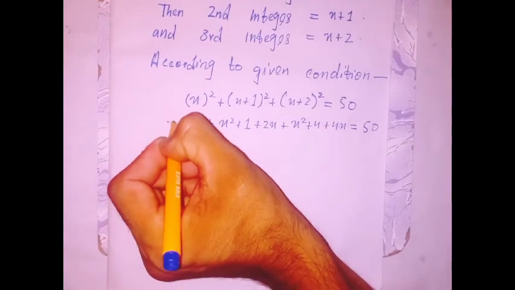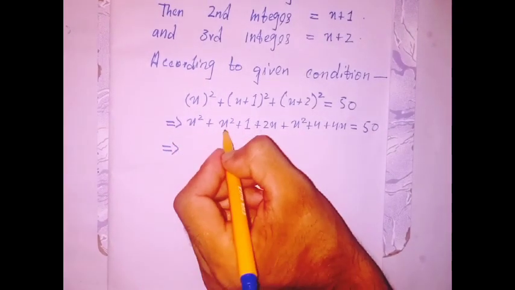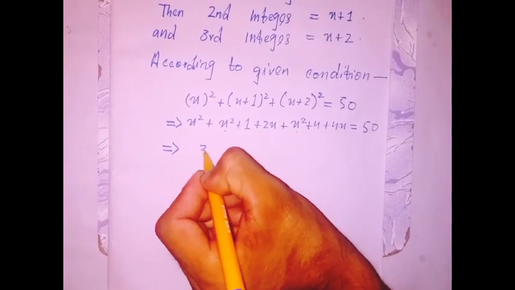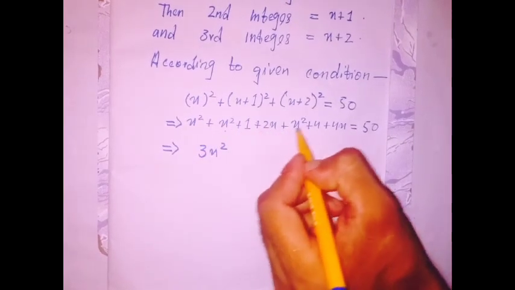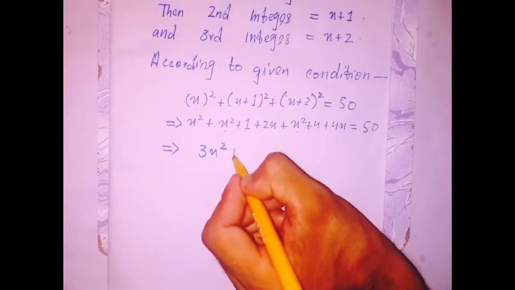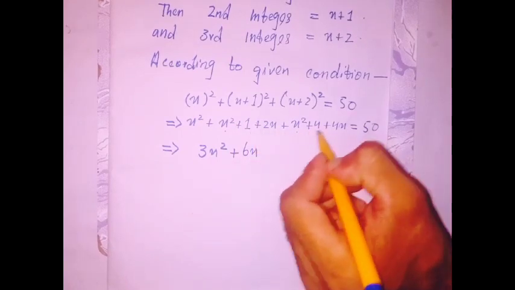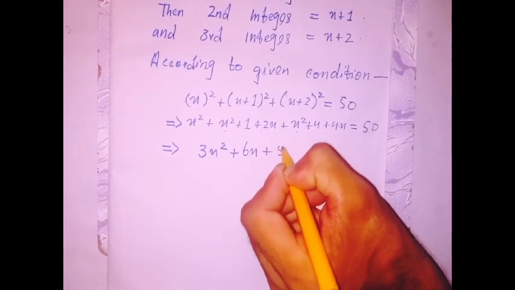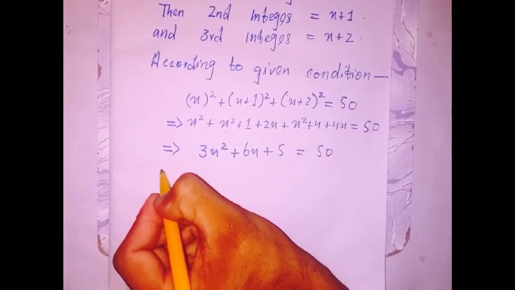Now we will add the similar terms. I mean, x square plus x square plus x square is 3x square, and 2x plus 4x is 6x, and 1 plus 4 is 5, equal to 50.